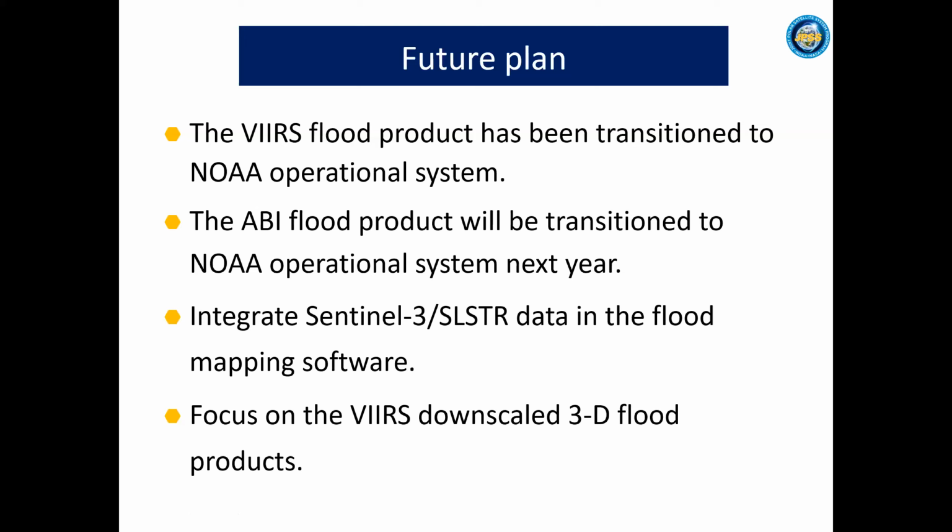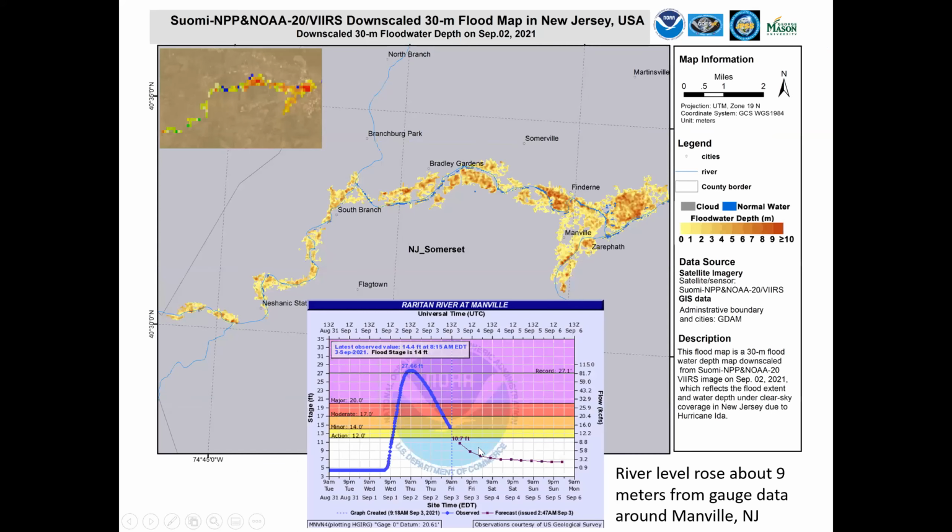Our major focus is still on the VIIRS downscaled 3D flood products. This shows an example of the downscaled flood product: the downscaled 30-meter flood water depth map in New Jersey, United States, after Hurricane Ida.